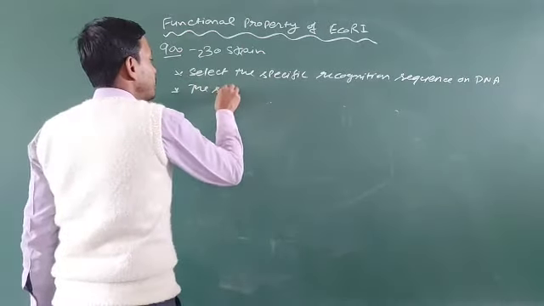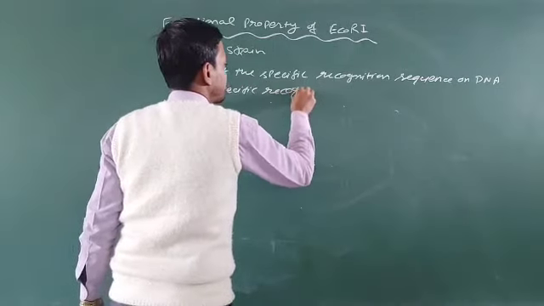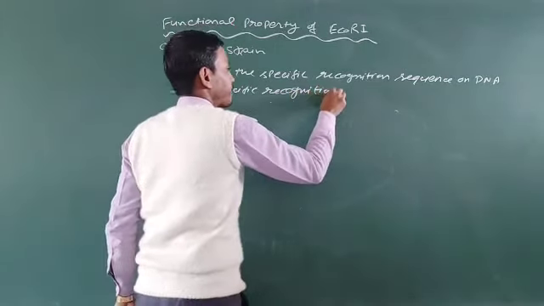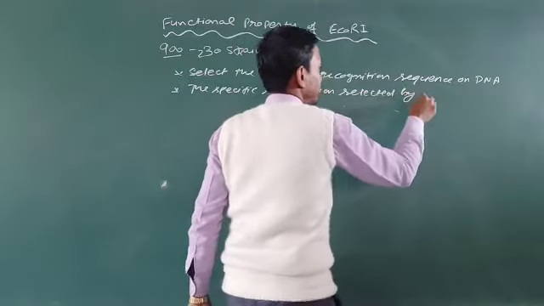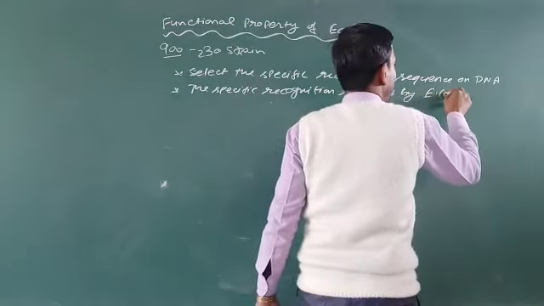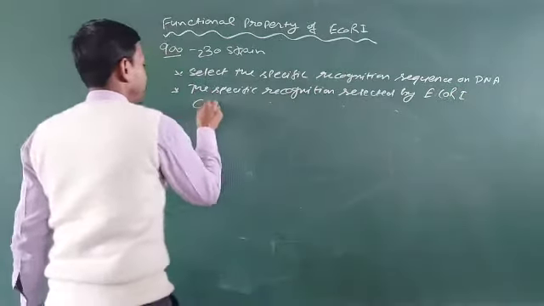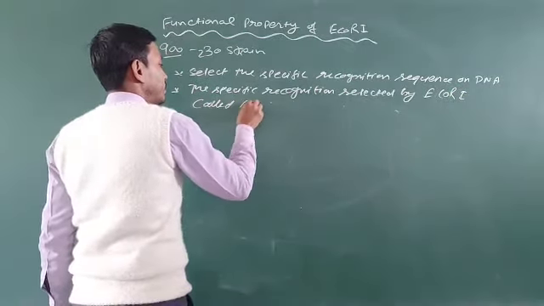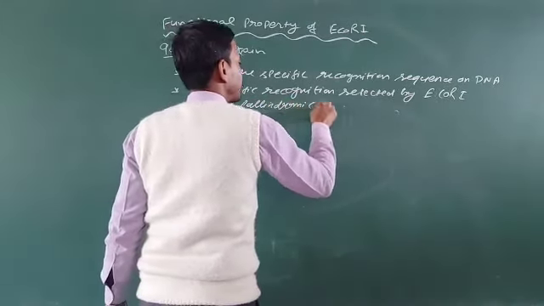The specific recognition sequence selected by EcoRI is called a palindromic sequence.